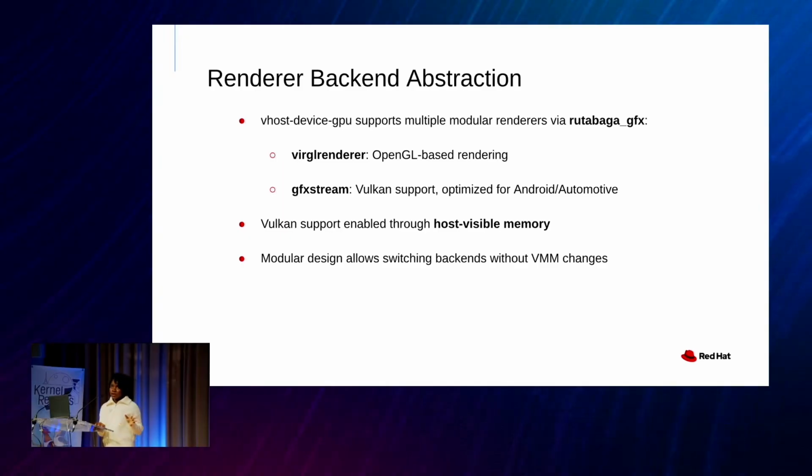So from the device point of view, it's modular because it doesn't need to know what backend is being used under the hood. And switching between backends doesn't require much change in the device logic or the VMM. You just have to swap out the renderer.